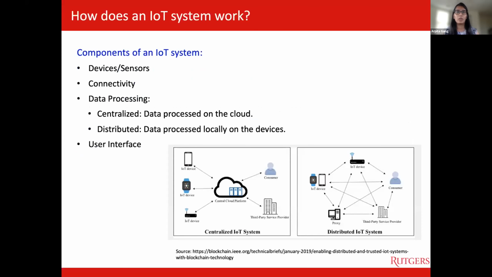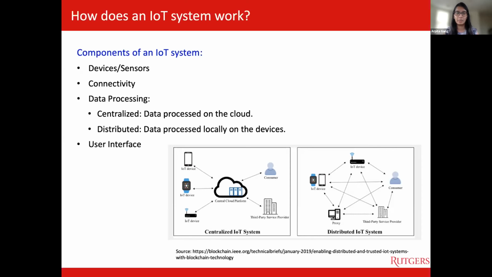And what basically goes into an IoT system? So there are four main components. There are these devices or sensors that basically collect or generate data, and then there's the connectivity component through which the devices are connected to either a central cloud, or the devices are connected with each other. And then there's a data processing component, which means processing the data generated by these devices.